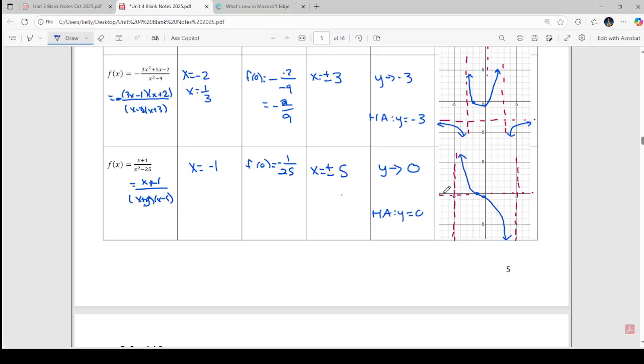On the left, I don't know if I'm above or below the asymptote, so let's test f at negative 6. So I'll have negative 5 over 36 minus 25, so negative 5 over 9. So I'm below the x-axis, like that. And to the right, if I test f at 6, I'll get 7 over 36 minus 25, 7 over 9. So I'm going to be positive, and that's how I finish off the graph.